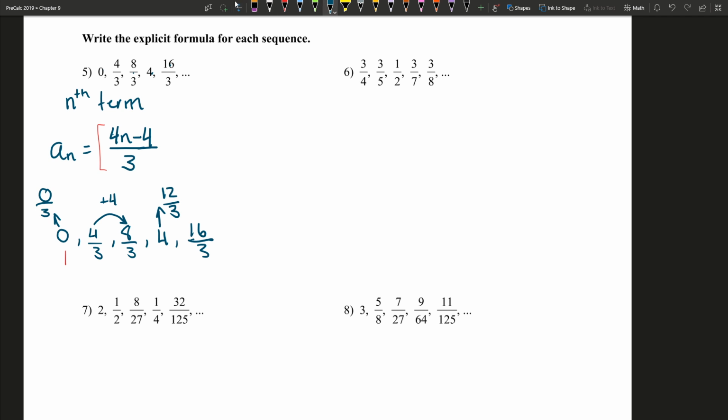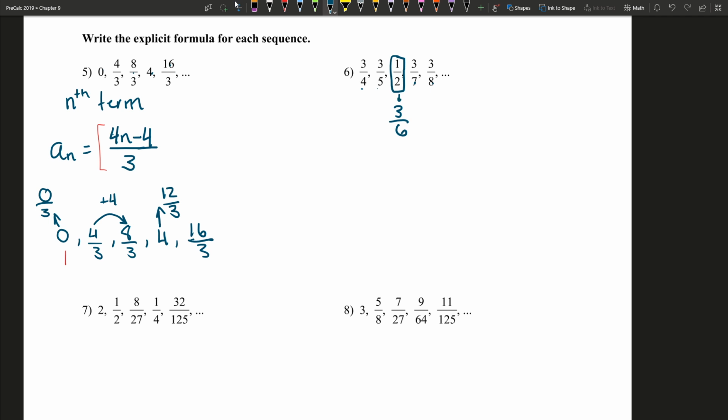Number 6, again, if you take a step back, you should notice that all the numerators are going to be 3, except for this middle one. And that's going to be like our problem. But if you look at it for a second, you notice that the denominators go 4, 5, and 7 and 8. So we could guess that this middle one is actually 3 over 6.